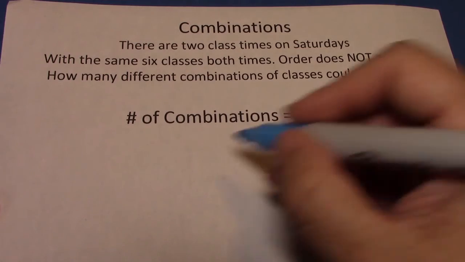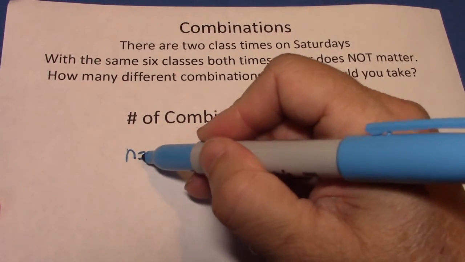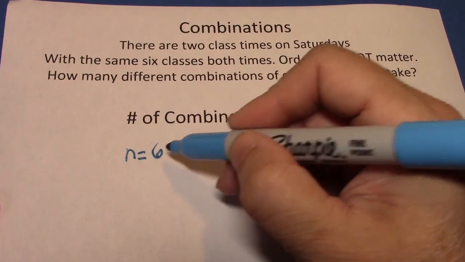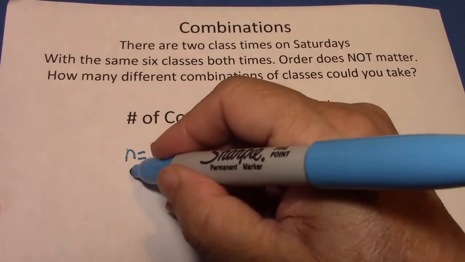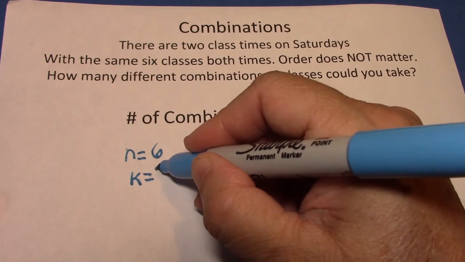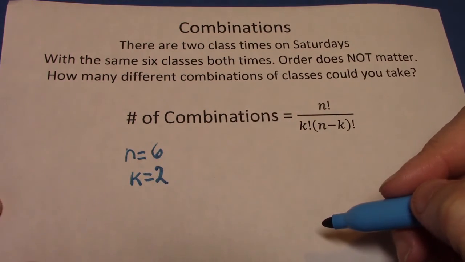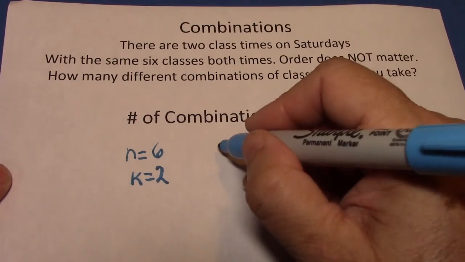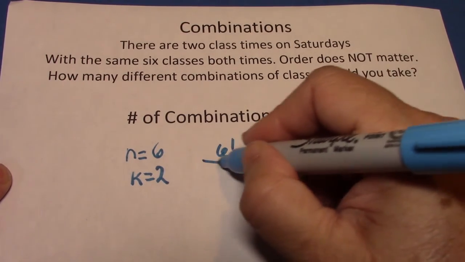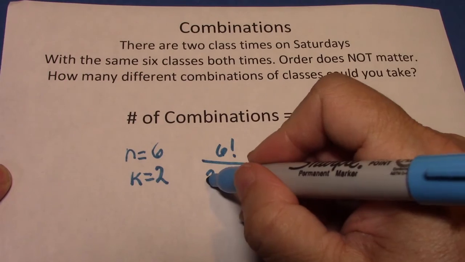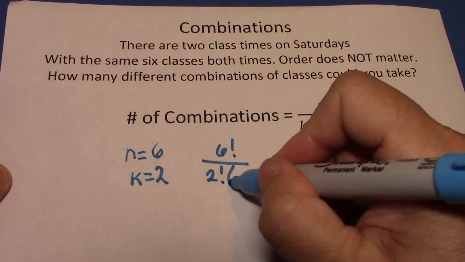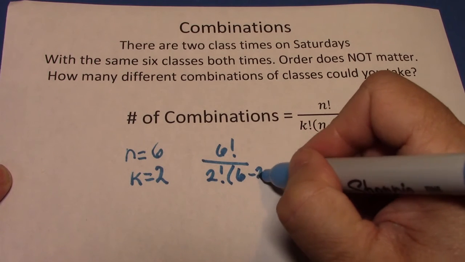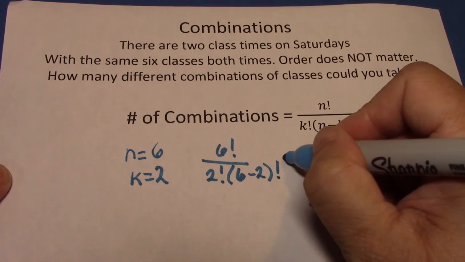Alright, so n equals the number of classes that you have to choose from, that's 6. K is the number that you're going to choose, that's 2. So we'll replace this into our formula, that is 6 factorial divided by 2 factorial times 6 minus 2 factorial.